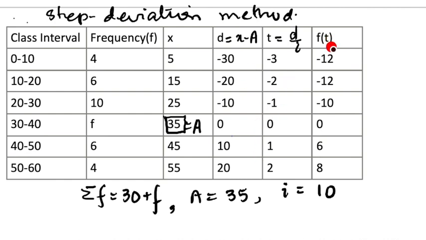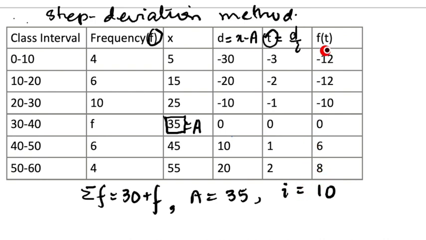Alright. Now we have to get f into t, that is this value multiplied by this value over here. So 4 into minus 3, minus 12, 6 into minus 2 is minus 12, 10 into minus 1 is minus 10, f into 0 will be 0, 6 into 1 is 6 and 4 into 2 is 8. Alright.